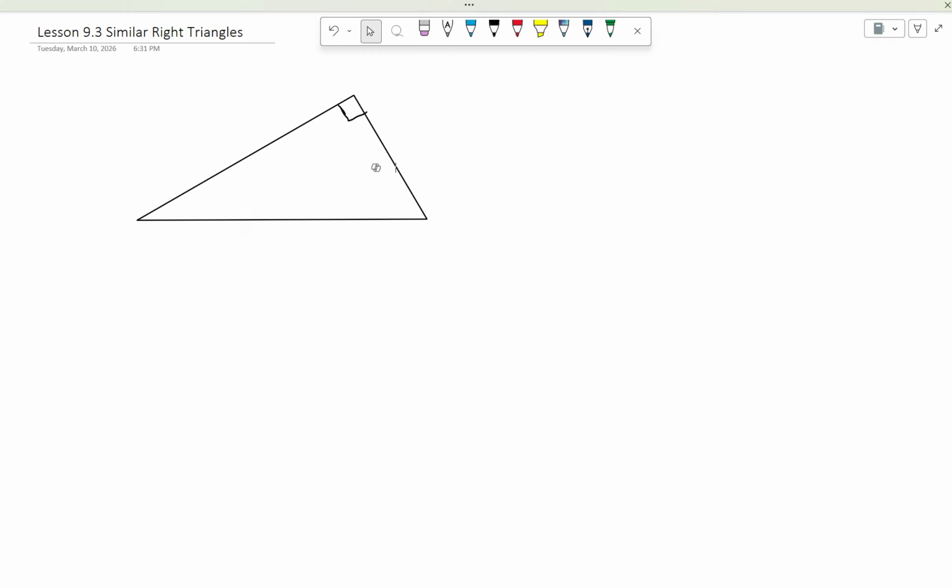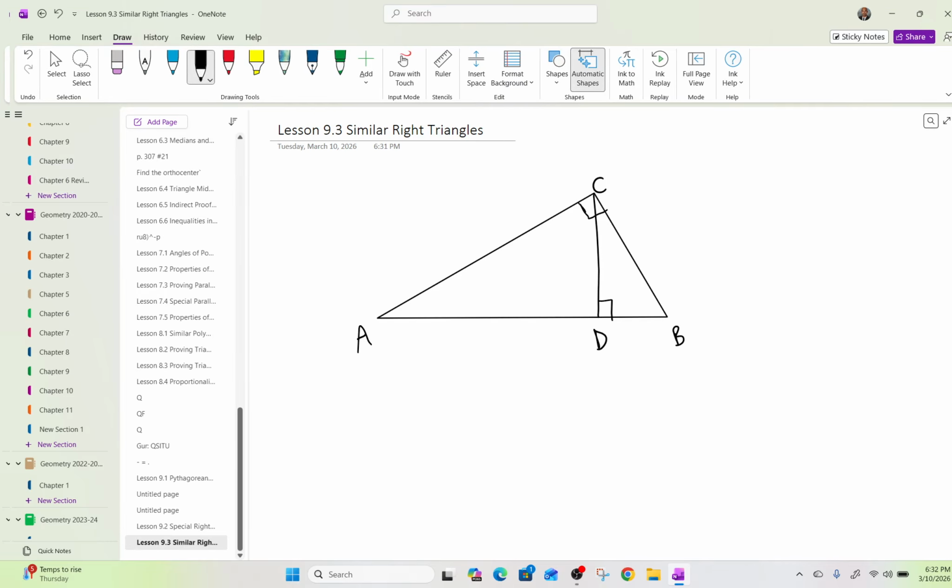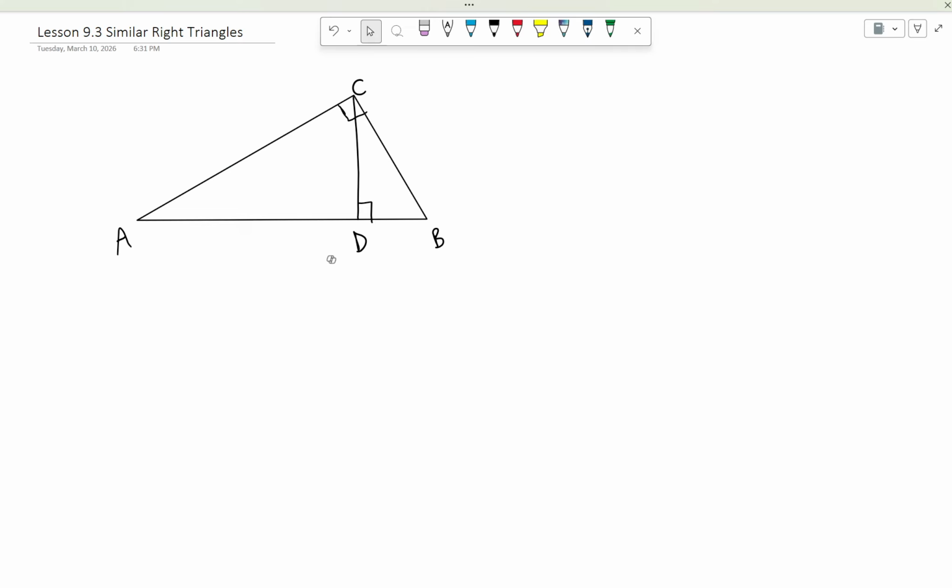I'm going to label the parts: triangle A, B, C, and then I'm going to take an altitude right here, which is going to be D. I'll take this little auto shape thing off.